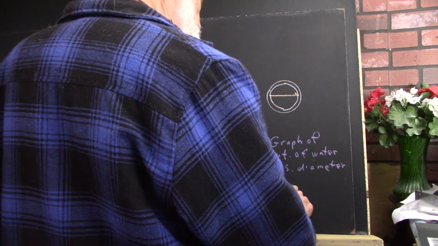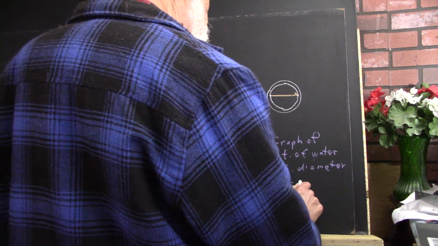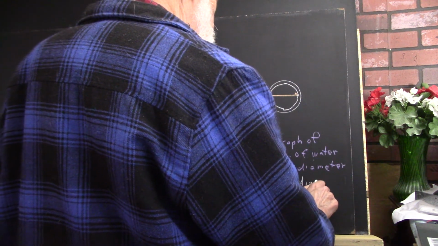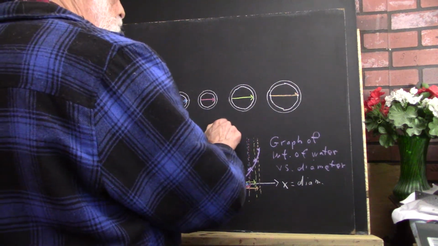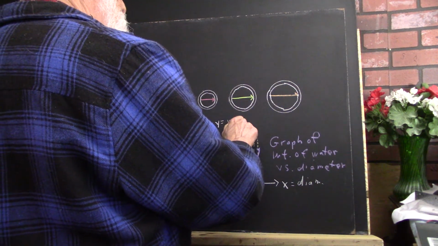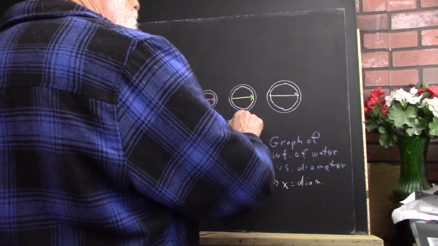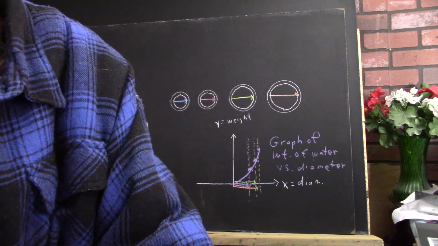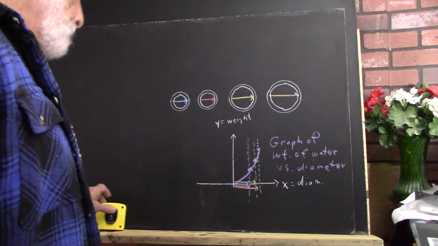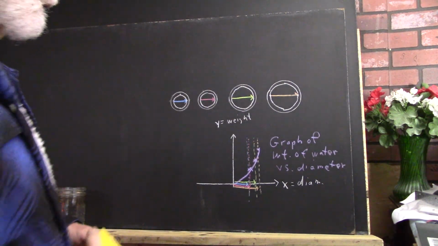So here's x equals diameter, and here's y equals the weight of the water. Now these have units, but we're not going to worry too much about that yet, and we will soon enough.